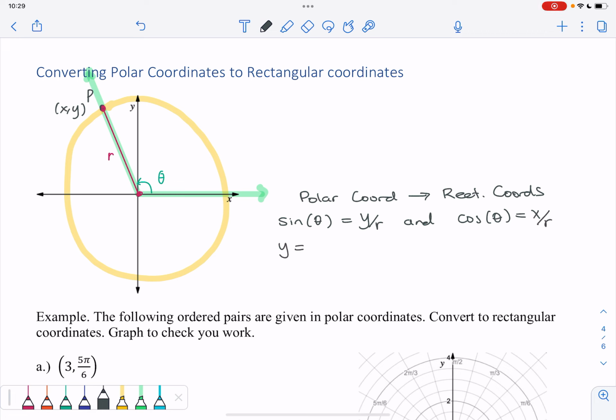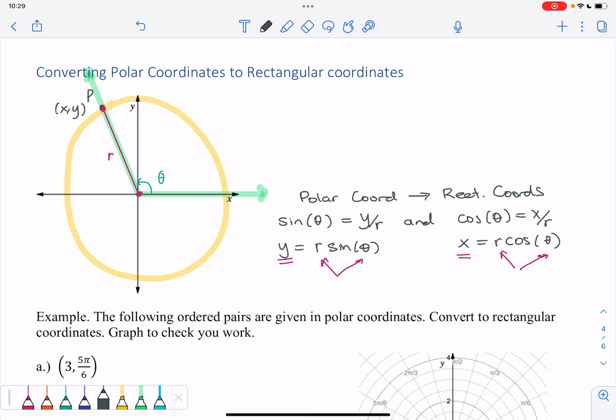I get y equals r sine theta, and x equals r times cosine theta. So again, if I'm going from polar to rectangular coordinates, I'm assuming I have r and theta, and I'm plugging those in to get y, and I'm plugging those in here to get x.